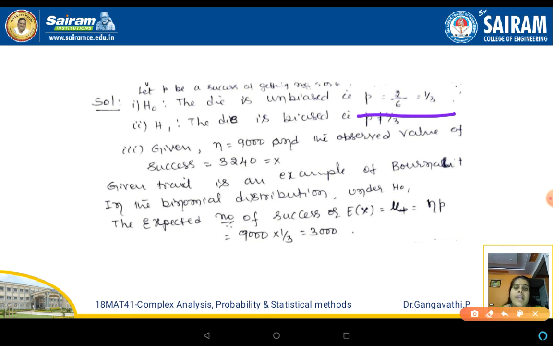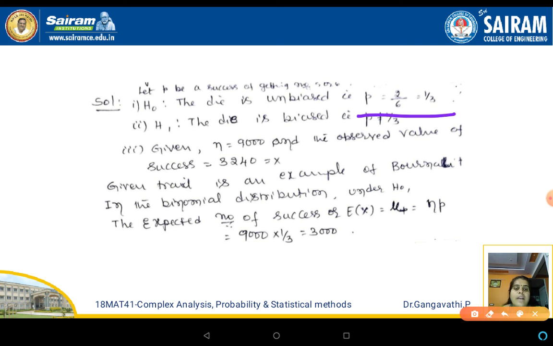Given n is equal to 9,000 and the observed number of successes is 3240, which we are taking as x here. The given trial is an example of Bernoulli trials in the binomial distribution. Under H naught, the expected number of successes, the mean mu, is equal to np.